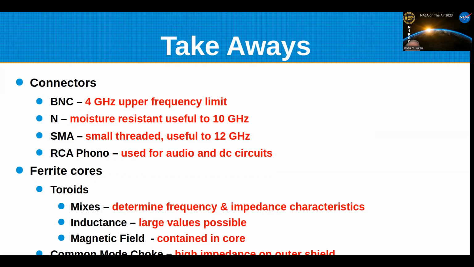Ferrite core toroids, the mixes determine the frequency and impedance characteristics. It can get large values of inductance, contain a magnetic field in the core, and you can use them for common mode chokes on coax.